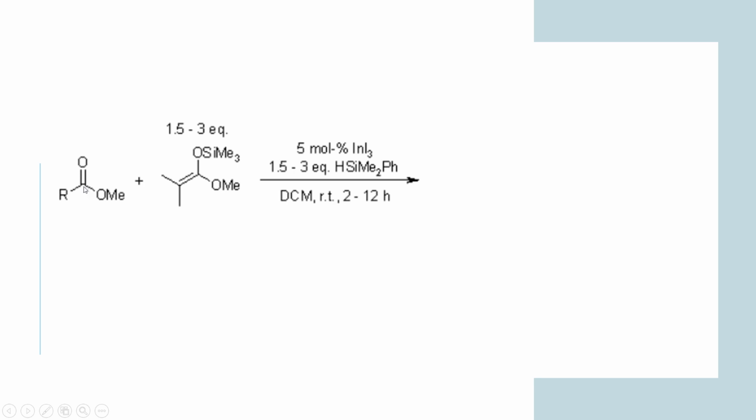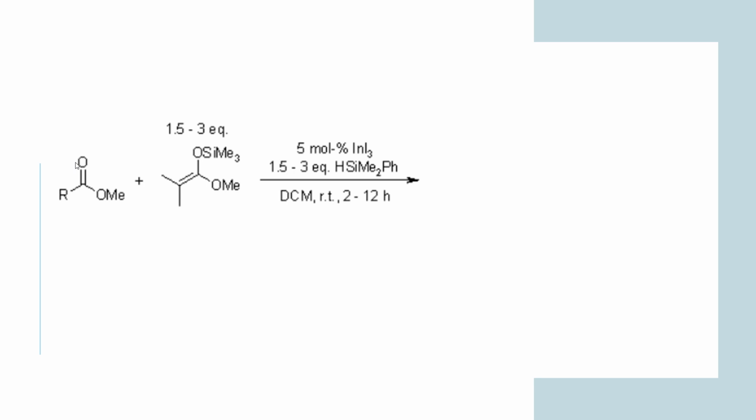Okay, so now this silyl enol ether can attack at this activated carbon to give you carbon-carbon bond formation between this carbon and this carbon, leading to the formation of an oxyanion at this center, which is going to be protonated at the workup stage.